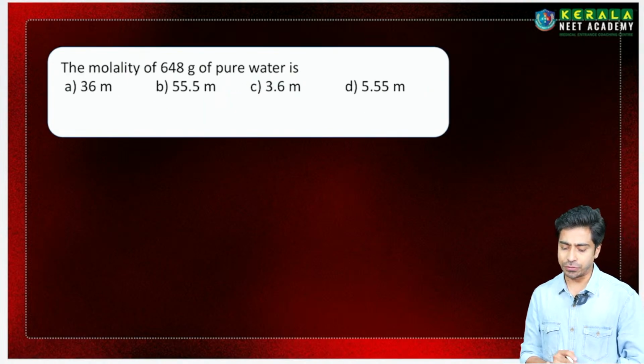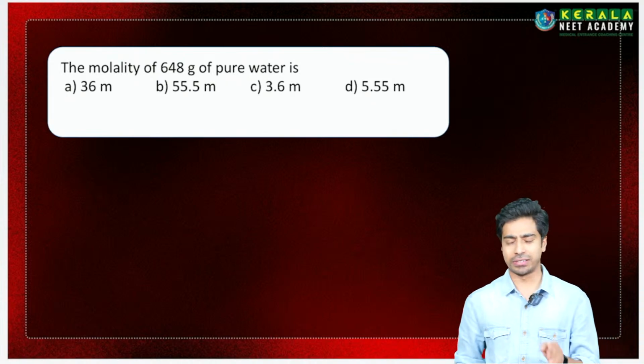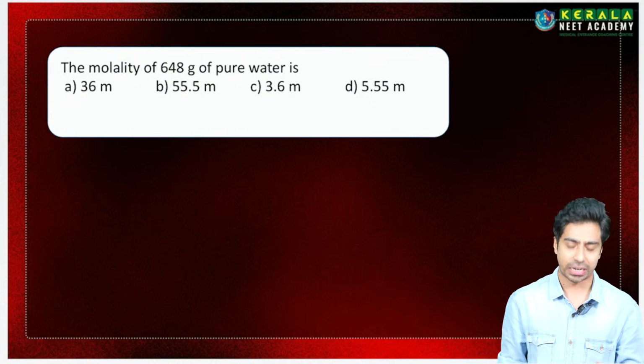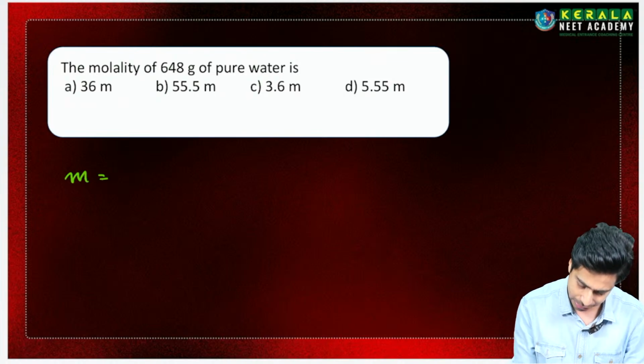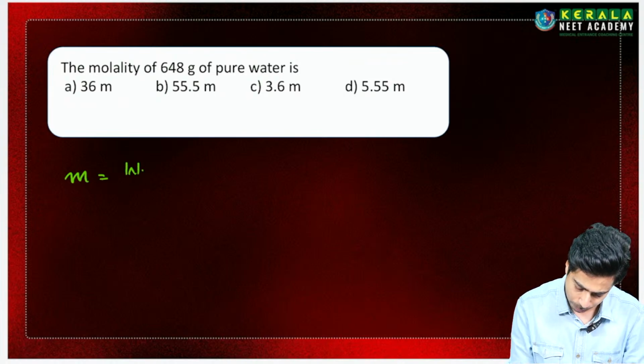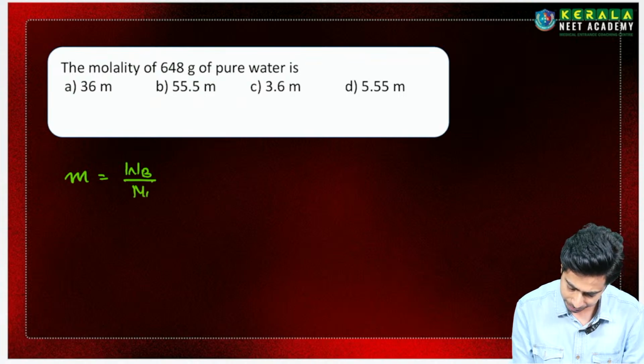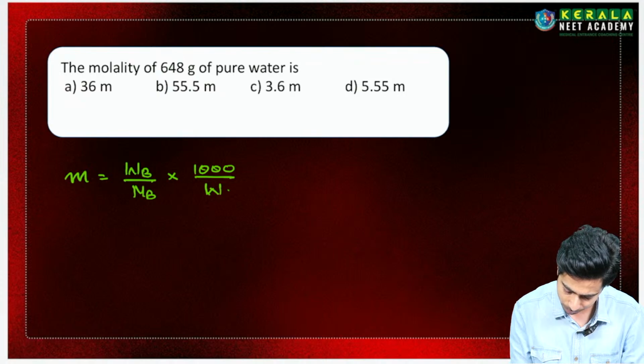Now the molality of 648 gram of pure water. It's a very simple question, I just want to give you a calculation. You know that molality is equal to WB divided by MB into 1000 divided by WA.